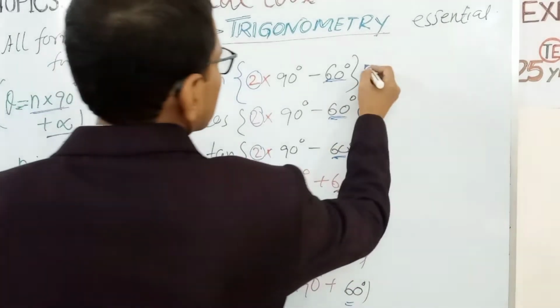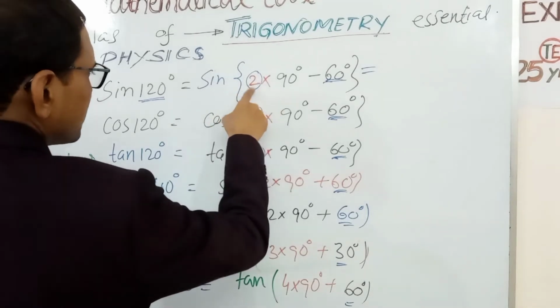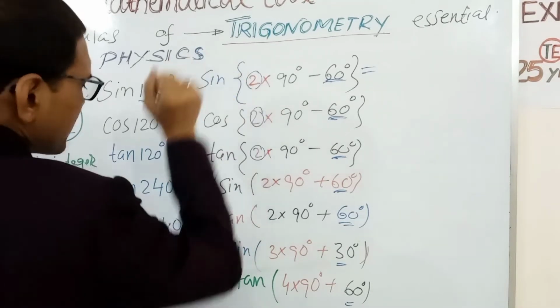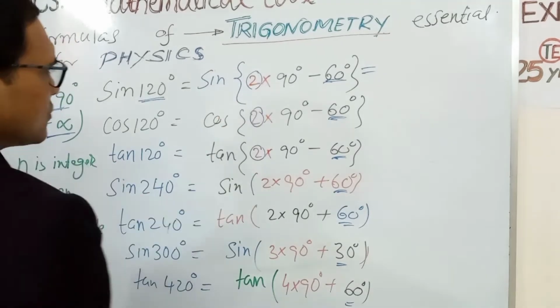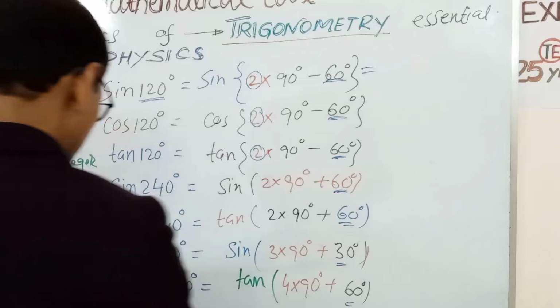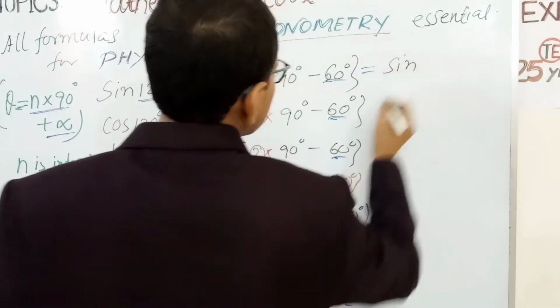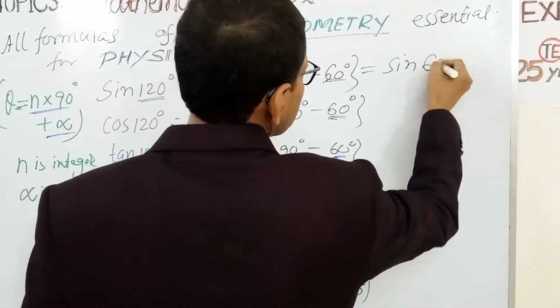Now the theory is that if this value is even, then the ratio remains the same, so sine becomes sine, and what is the value of this, sin 60 degree.